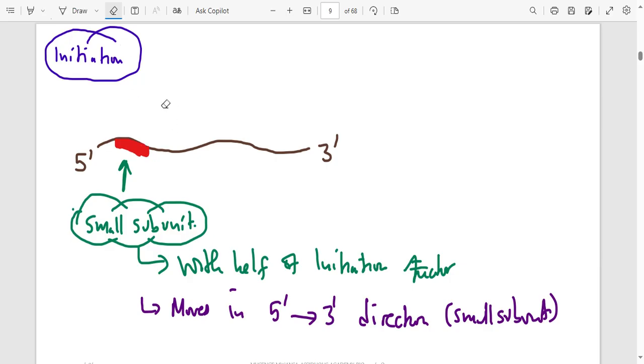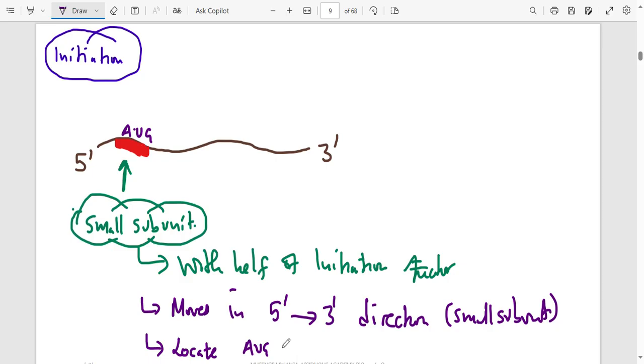Now remember, mRNA contains nucleotides, right? It contains different nucleotides. So when the small ribosomal subunit reaches where it is written A, U, G, if it finds these three nucleotides, it is going to locate AUG.